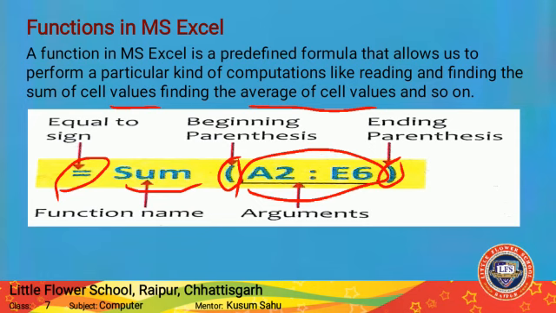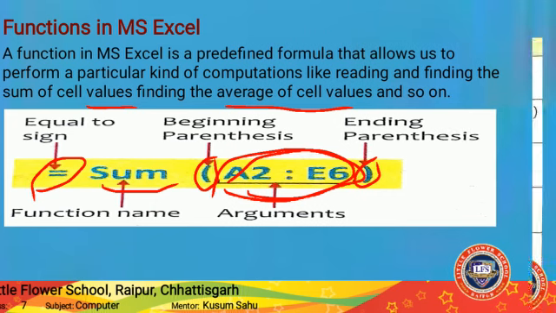This represents the cell number or column or row number in MS Excel. These arguments can be given to a function in the form of both values, that is the value of numbers, and the cell addresses. Through this we can calculate the average in MS Excel.